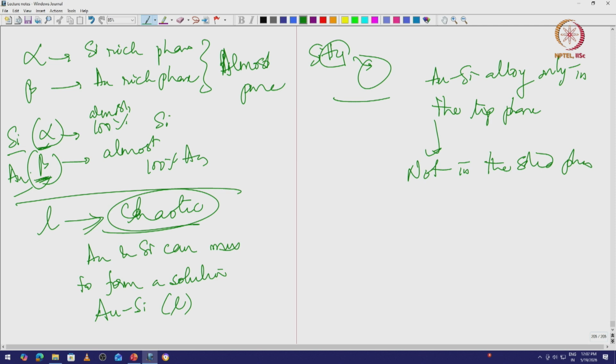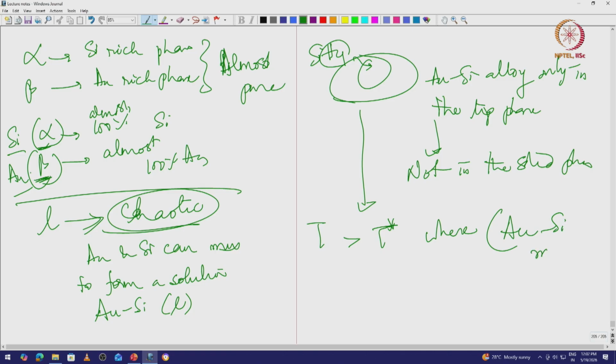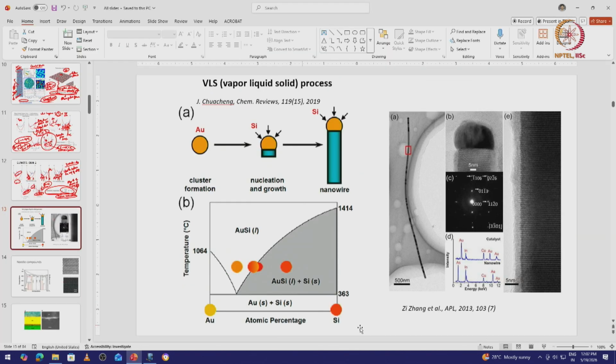So I have to have my temperature greater than a certain temperature T star, let us say, where gold-silicon melts, right. So that is where the eutectic comes in, okay. We will look at it. So I have to do this process at that temperature, and only then can silicon get into gold, react with gold, and somehow form silicon, okay. Now let us look at the process, how it happens.